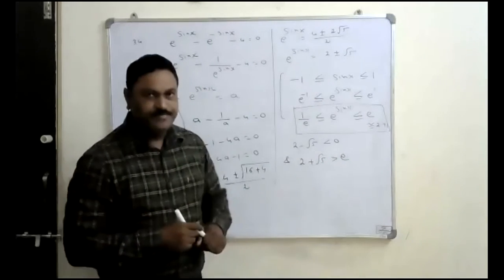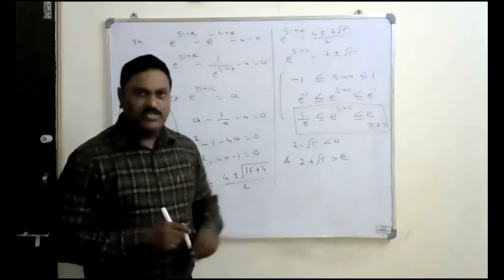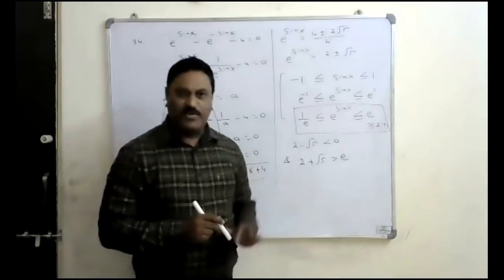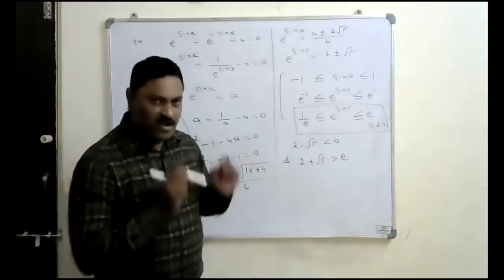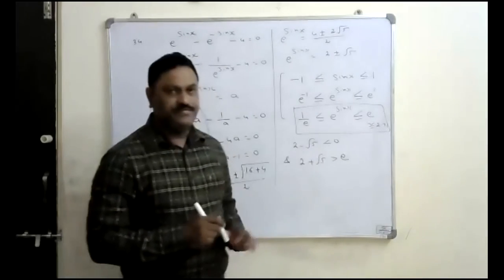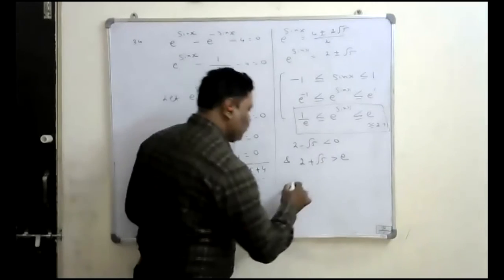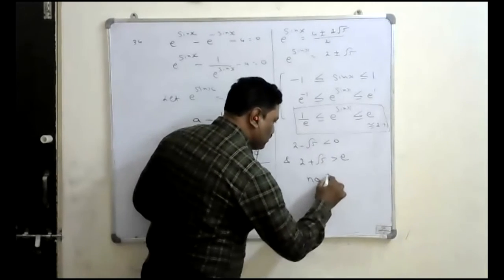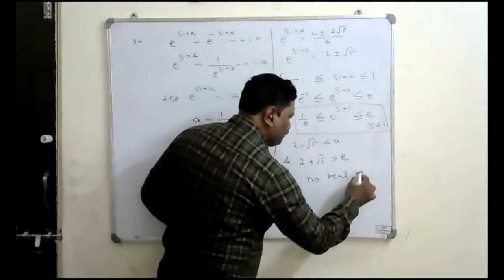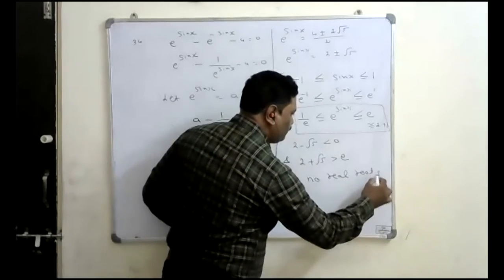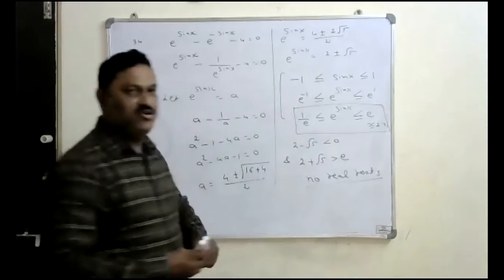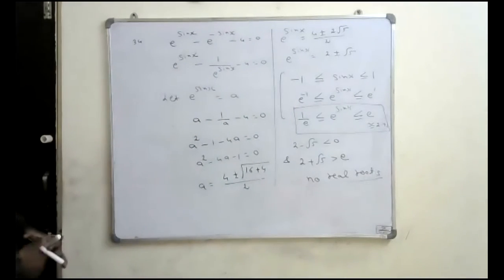It is also not possible. Means 2 plus root 5 is not possible, 2 minus root 5 also not possible, because both the values are not within the range of this. Therefore, no real root. Number of real roots are 0. That's the answer. Take that.